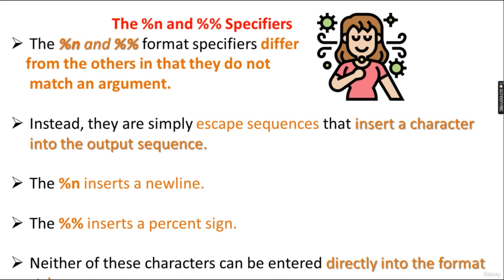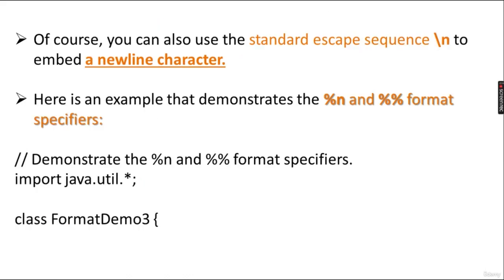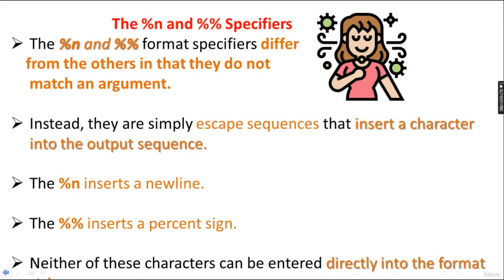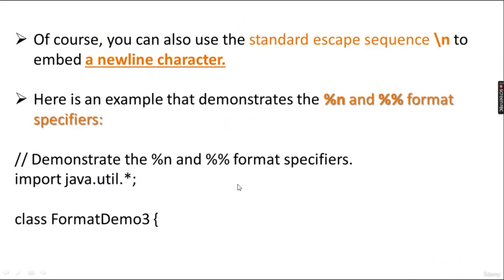Neither of these characters can be entered directly into the format string. Also, you can use the \n standard escape sequence to embed your new line character if you want, other than %n. It is your choice.